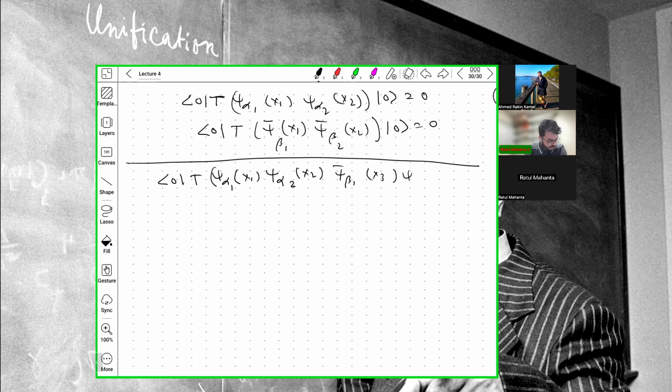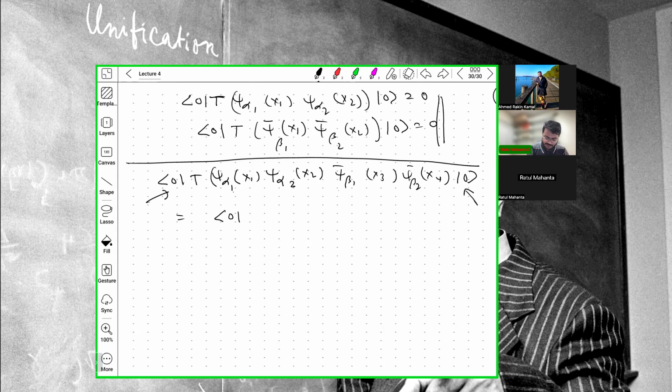Suppose these fields, and you know that the time-ordered product will be the normal-ordered product of all the combinations, but only when psi and psi bar are there is it non-vanishing. Psi psi contraction will vanish. So, I am already computing within the correlator.